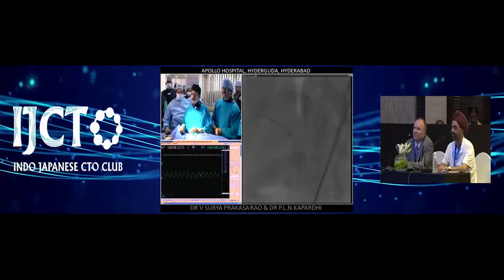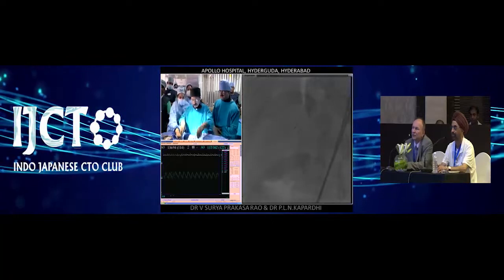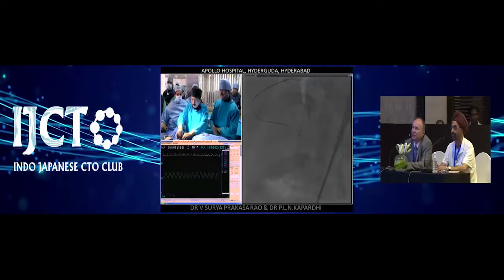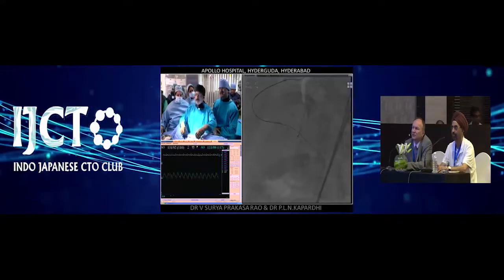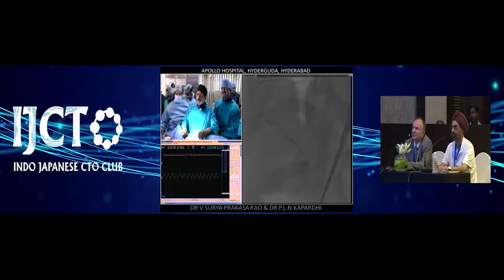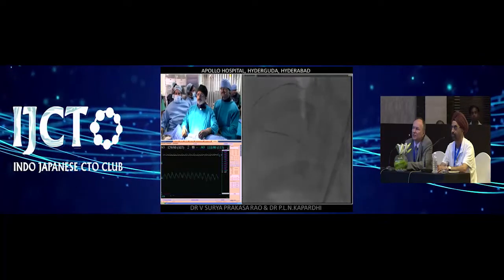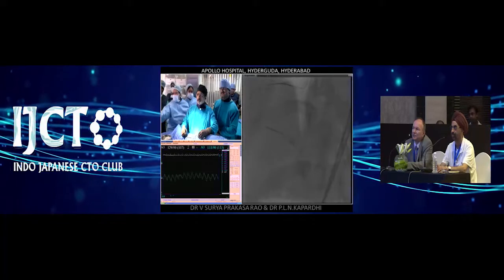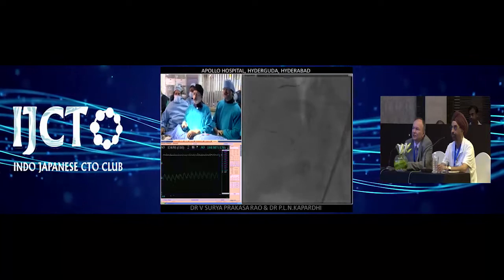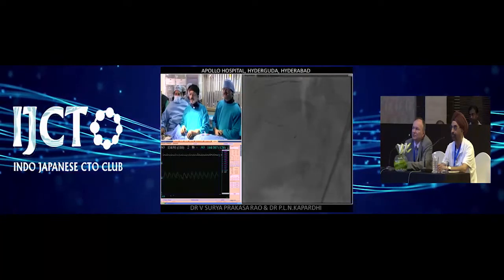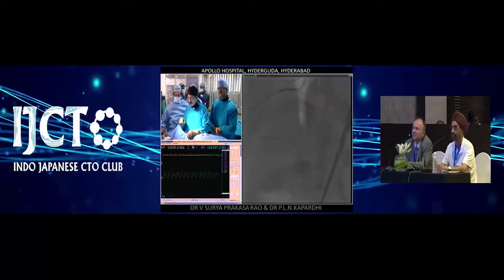Anyway, I can put the first injection down. Did you pass the CTO already with your Corsair? Can you give a first injection here, remove the wire and the retrograde first injection?